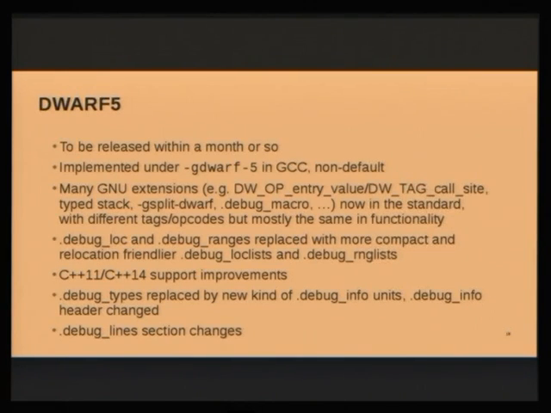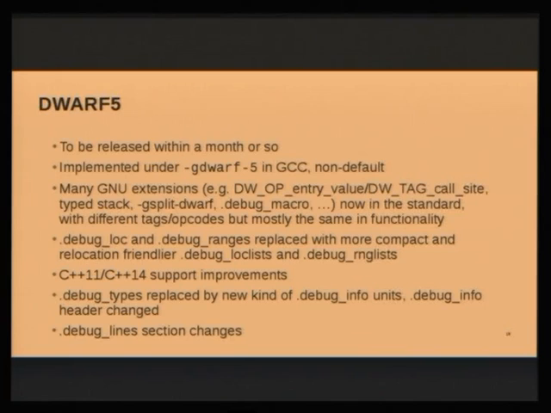It's not on by default because the consumers, GDB and other consumers, are still getting the support, or you would really need to have the latest utilities to consume the debug information. So we will switch the default maybe in 2 years, but for now, if you want to use DWARF5, you can use this new option.